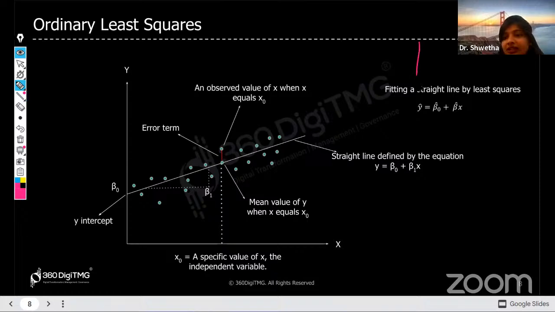Once we establish that there is a correlation between them and that it might be linear, then we can move ahead to build a linear regression model. What exactly are we doing in a linear regression model?